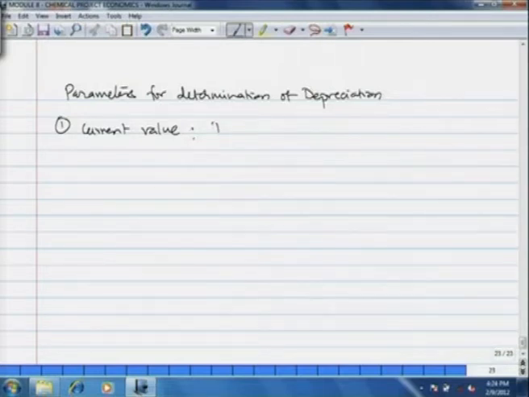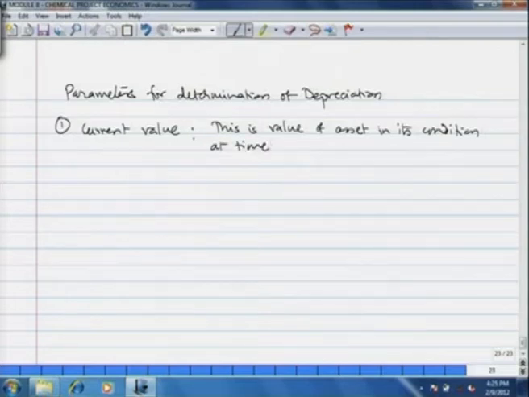Now, this is the value of the equipment or of an asset in its condition at the time of evaluation. This is not the initial value.